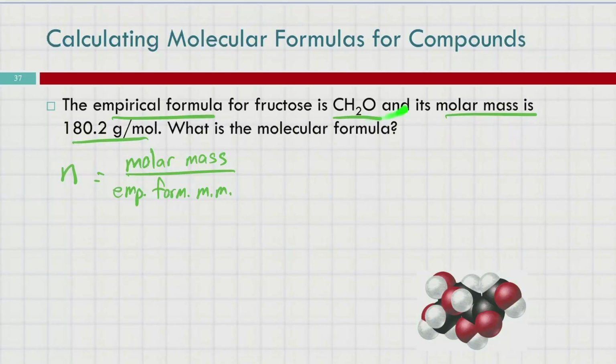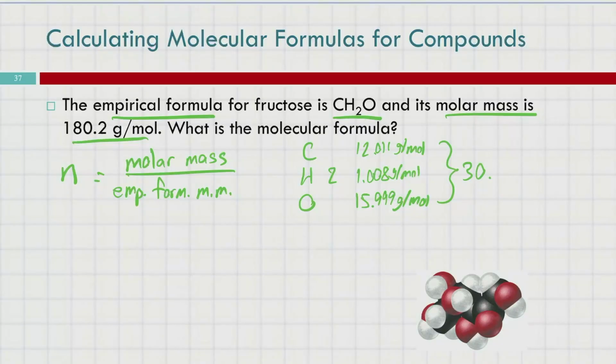So we need to calculate our empirical formula molar mass because we don't have that yet. We've got a carbon, 2 hydrogens, and an oxygen. So real quick running through some calculations. And our empirical formula molar mass is 30.026 grams per mole.